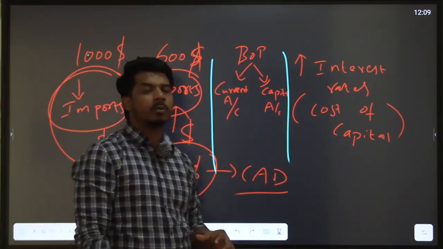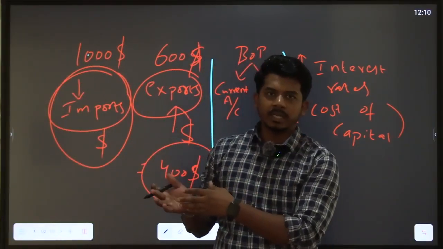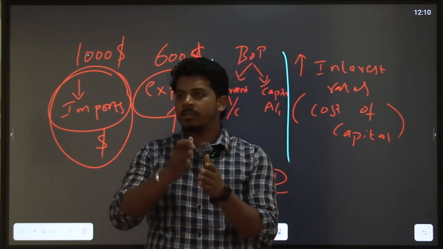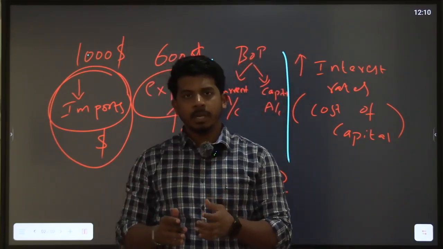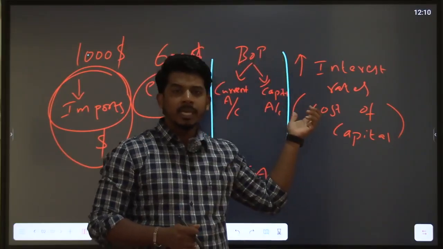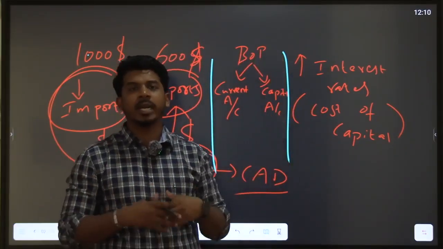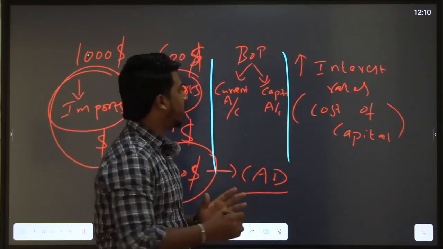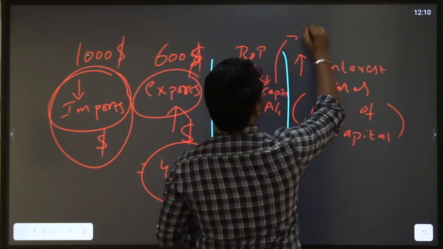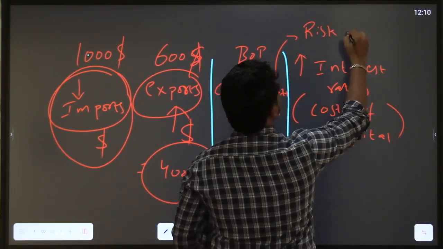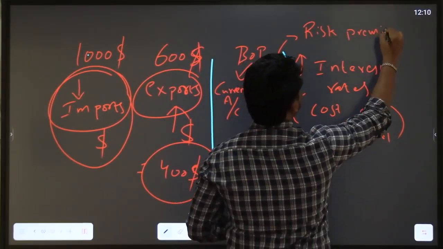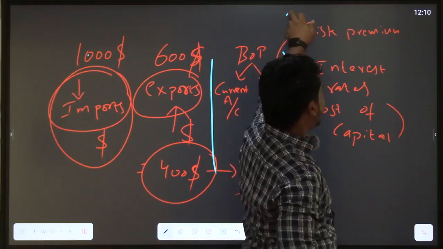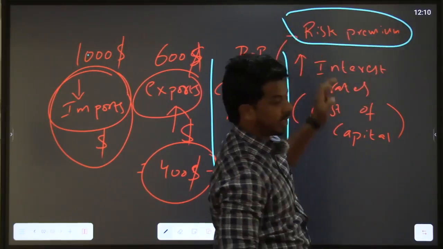Now what is happening from outside? We know all the foreign investors are very keen on checking every aspect. Now the foreign investor is giving me money, he is seeing so many aspects, he is so worried. We know foreign investors collect some extra money which is called a risk premium. We know foreign investors ask for extra interest rate.